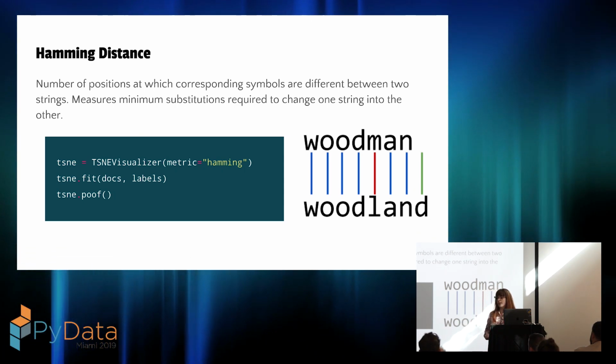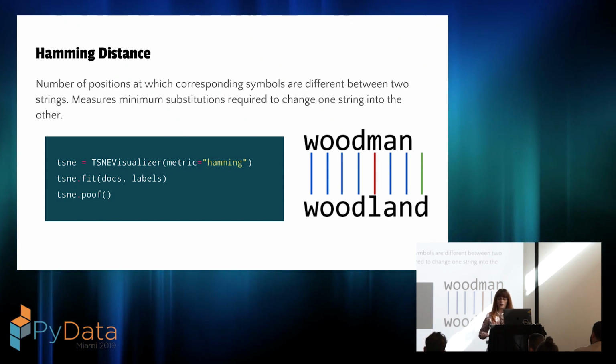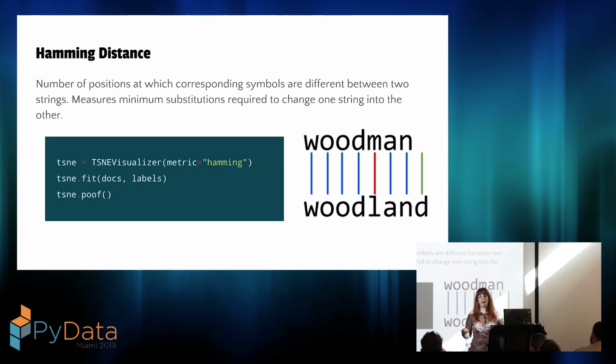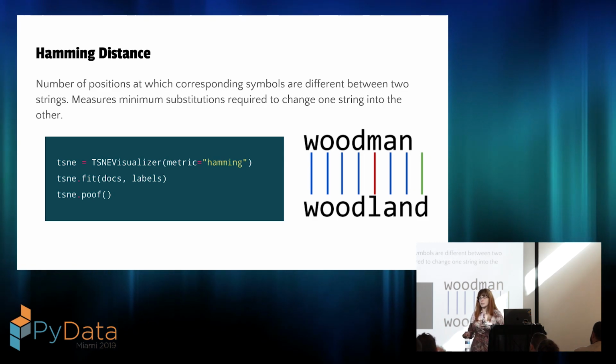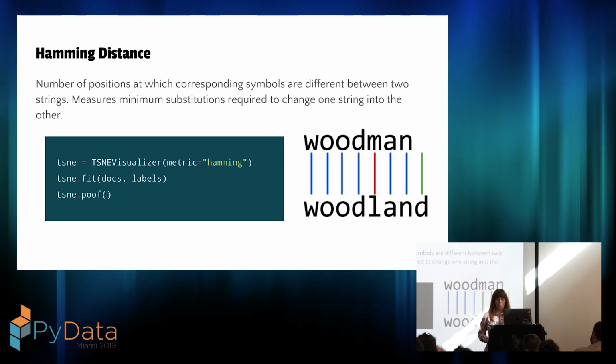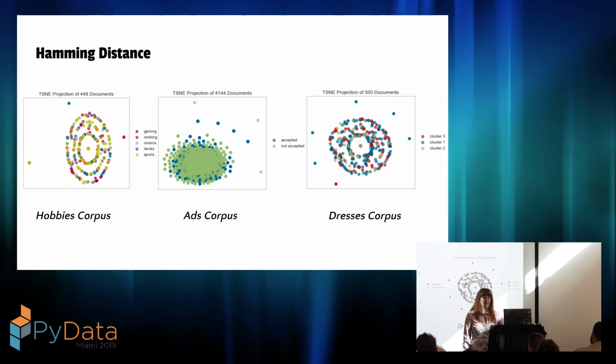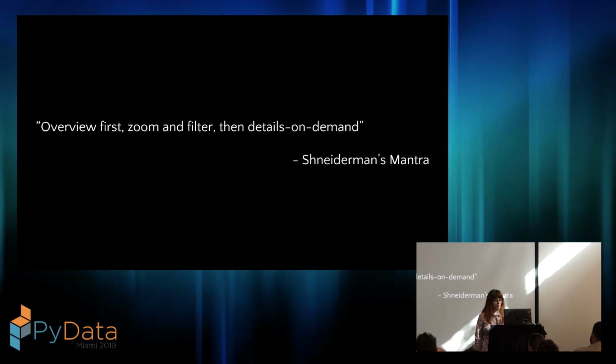But it's another good example of how there's not a one-size-fits-all distance measure. You have to make very specific decisions on a per corpus basis because you could end up with a distance measure that's not good at all for you.